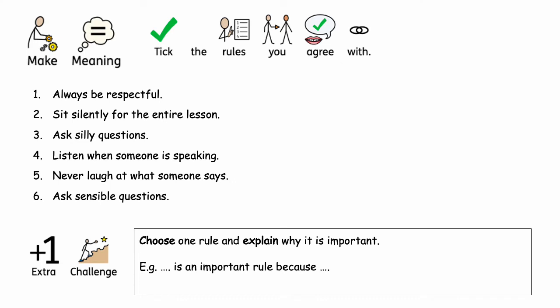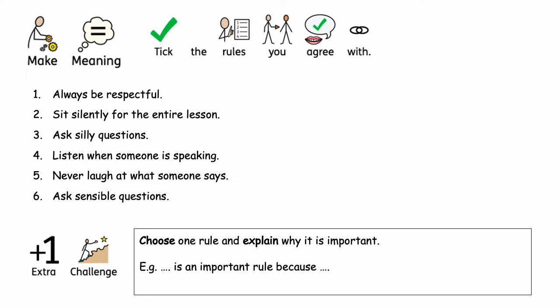So go back through these rules and put a tick next to the rules that you agree with and that you think are useful for when we're having PSHE lessons. If you are still completing this task, you can pause it now because I'm going to tell you what I think, and I would like you to tick the ones that you agree with first. So pause the clip if you've not finished.